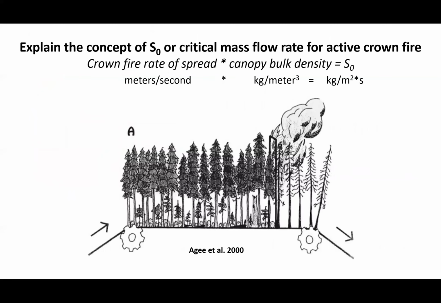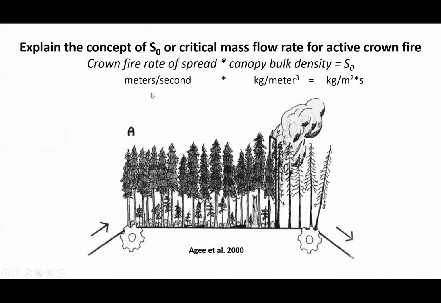All right, so here is this concept that there's some critical amount of fuel in the canopy that needs to burn every second in order for active crown fire to be possible. This amount of fuel that's consumed, we can calculate by multiplying the rate of spread by the canopy bulk density.